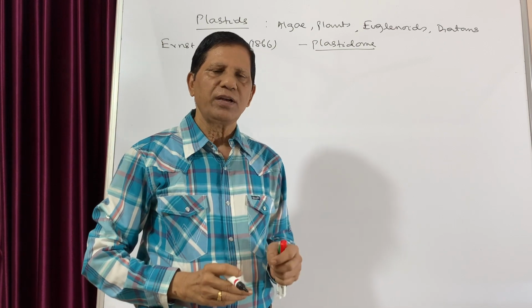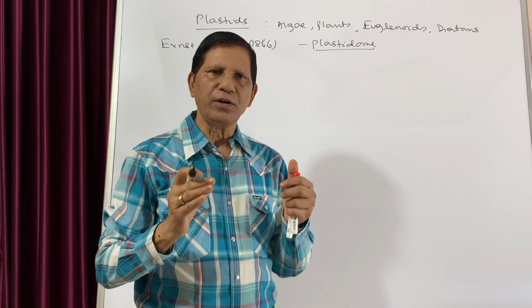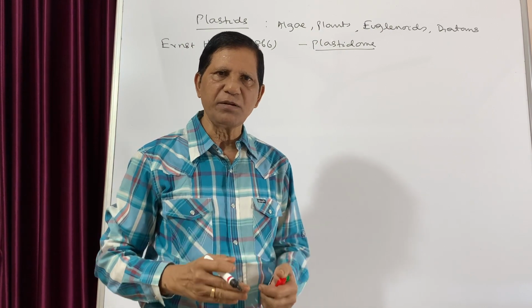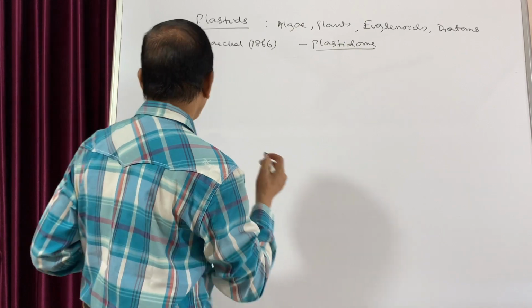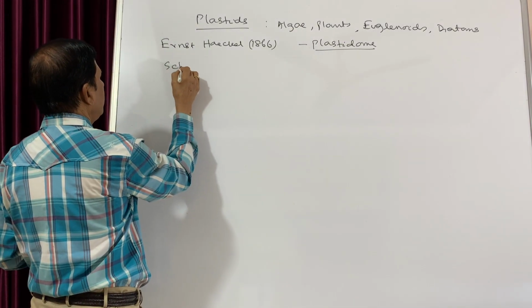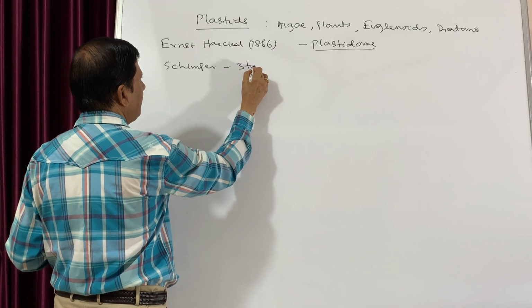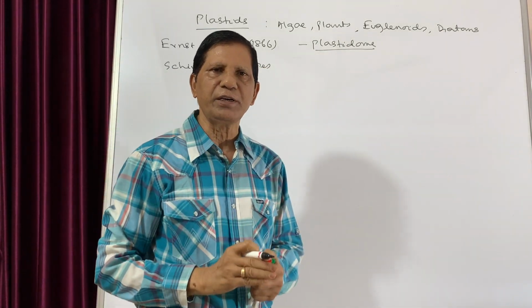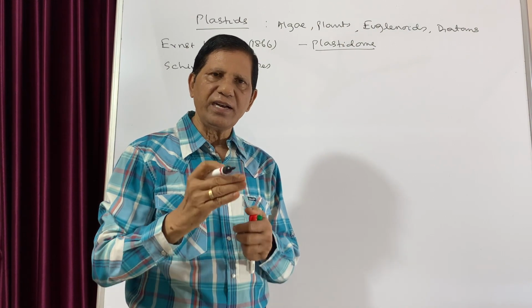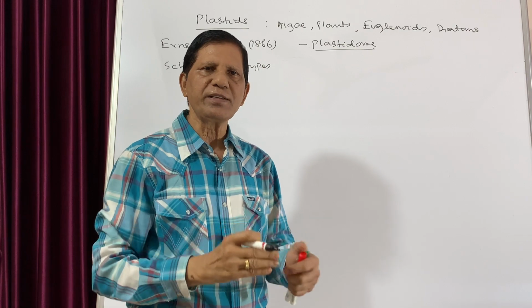In plants, there are different types of plastids, and on the basis of color, or pigment, Schimper classified them into three types. These three types are interconvertible because their internal lamellar structures are almost similar, but only the pigments are different.